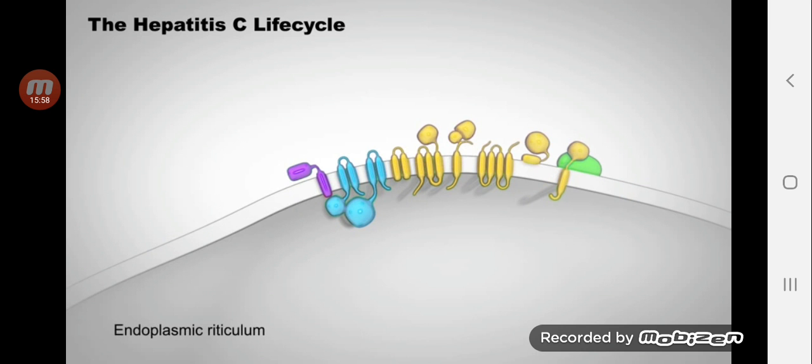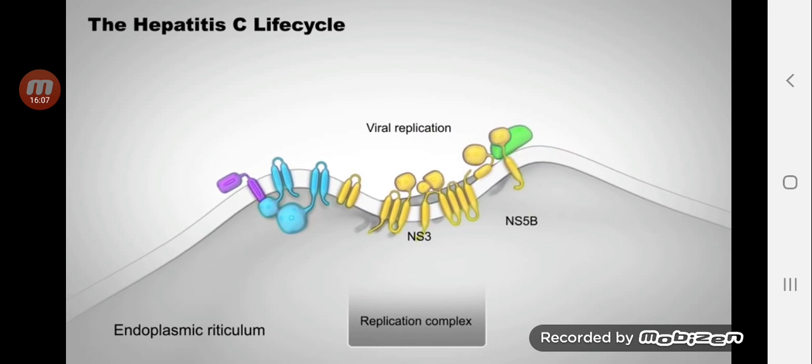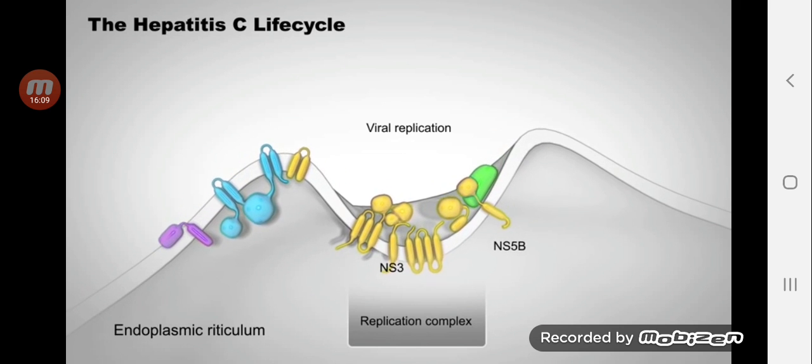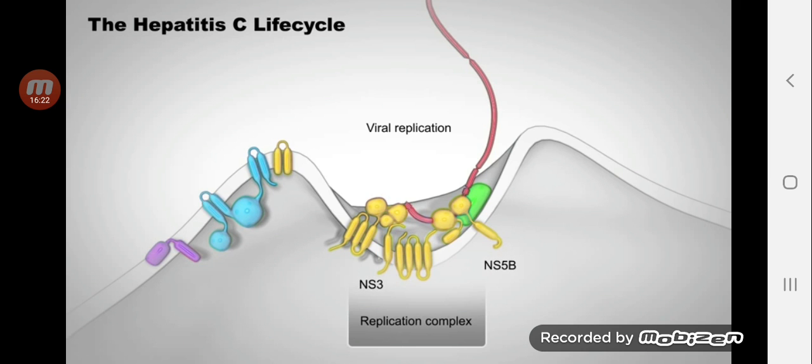The non-structural proteins NS3 and NS5b facilitate HCV RNA replication, first by assembling the membrane-associated replication complex responsible for synthesizing RNA, and then by recruiting the genomic RNA into the complex. Although all the NS proteins are essential for replication, the NS5b protein encodes the RNA-dependent RNA polymerase responsible for RNA synthesis.